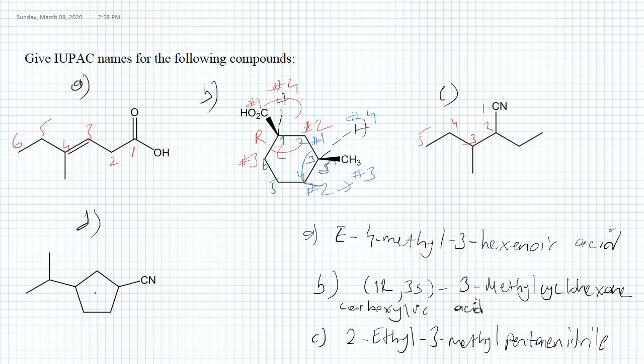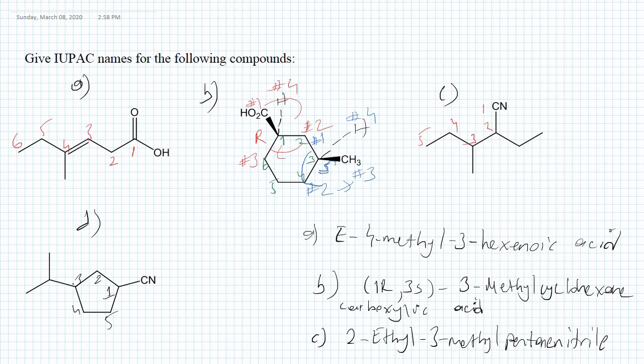Here, cycloalkane carbonitrile. So let's number the carbons. This has to be number 1, next to the nitrile group. This has to be 2, 3, 4, 5. So this is cyclopentane carbonitrile.